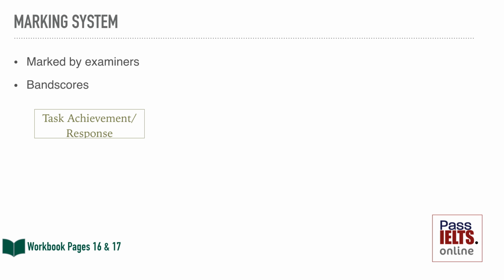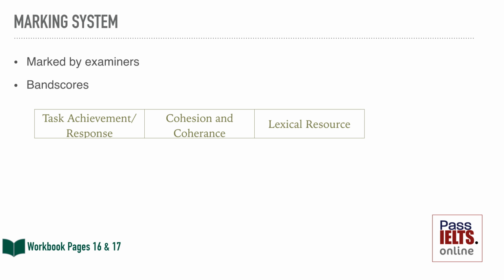You will find these band scores in your workbook on page 16 and 17. The band scores are divided up into 4 criteria for each task. So task achievement or response, cohesion and coherence, lexical resource, which is your vocabulary, and lastly grammatical resource.